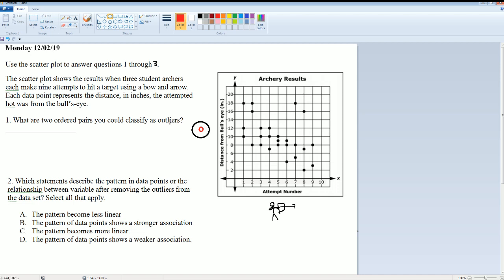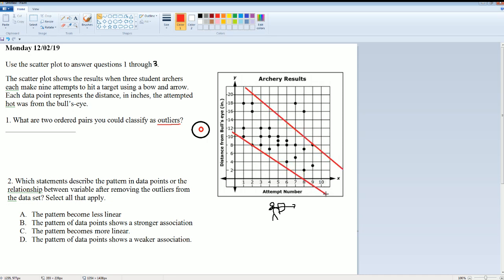Okay, so here you're looking for an outlier. If you remember what an outlier is from class, an outlier is defined as a value that falls dramatically outside the pattern. Here we could see there's a general pattern. Let me help you out by isolating the pattern for you. The pattern looks like it follows right here.